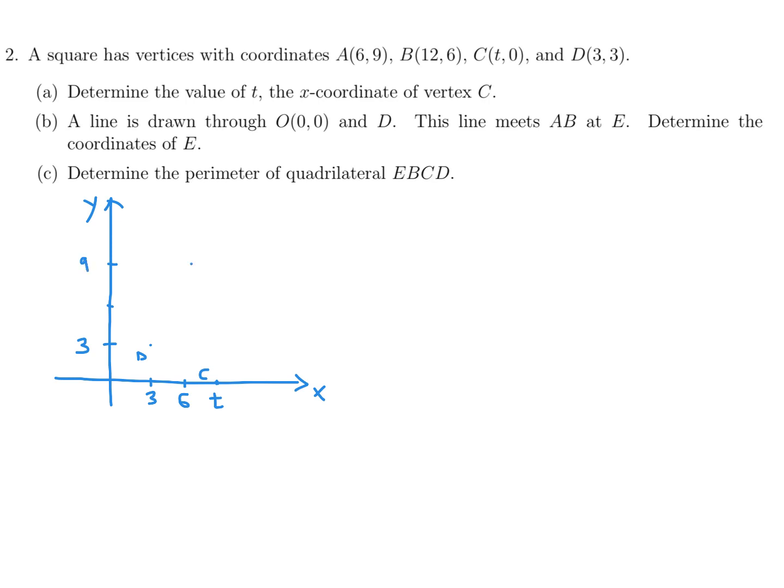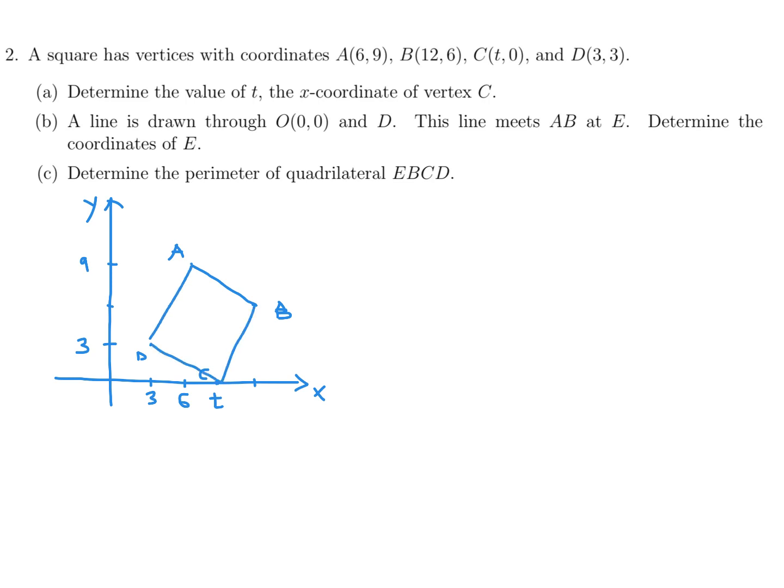So that one is A, and then finally 12, 6, approximately here, and that would be B. Okay, so this is my square in a very crude way.